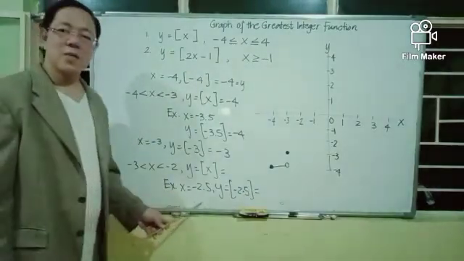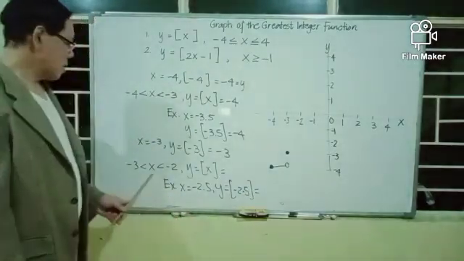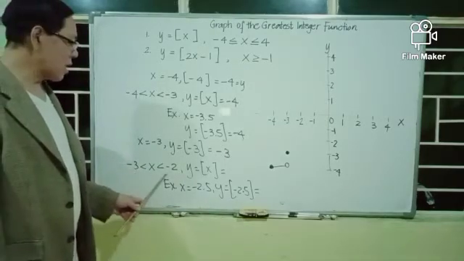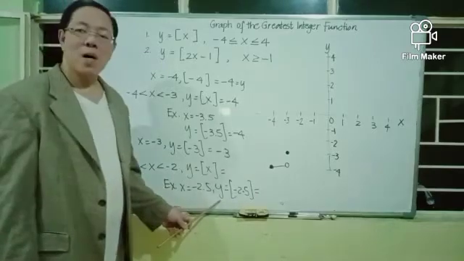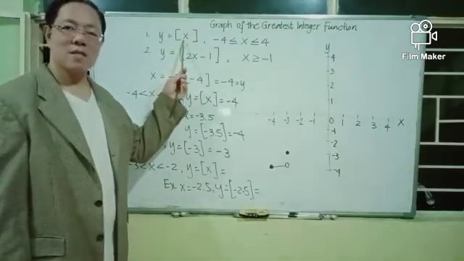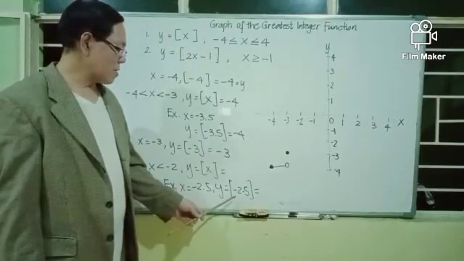If x is negative 2.5, which is between negative 3 and negative 2, the value of y is defined as the greatest integer of x, or the floor of x.